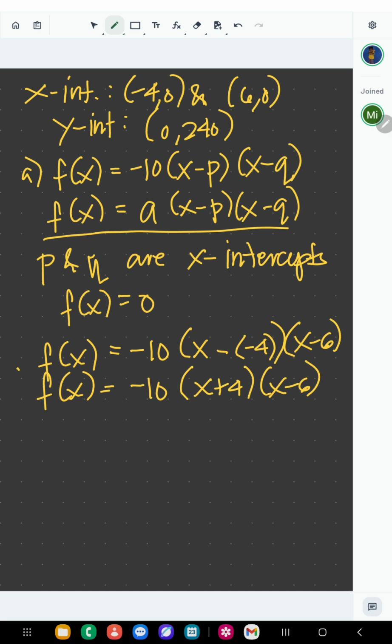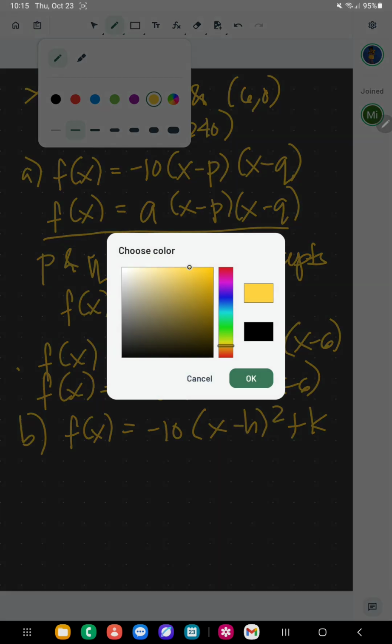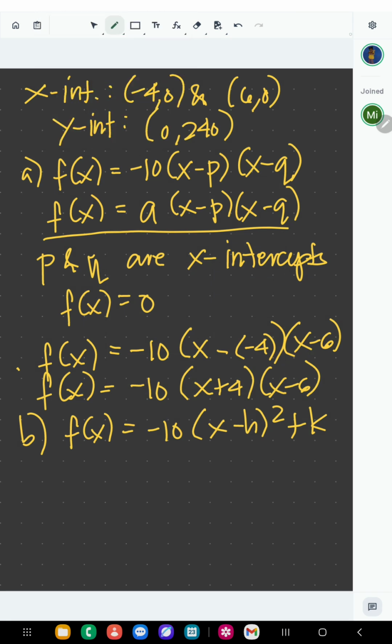Now it says we need to find another expression for f of x for letter B, in the form f of x equals negative 10 times (x minus h) squared plus k. So this one is in vertex form.